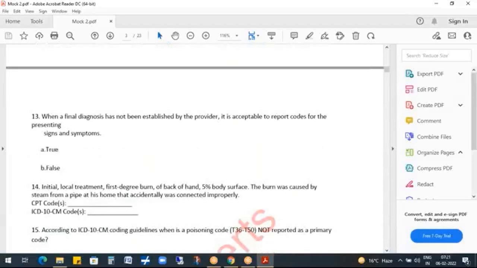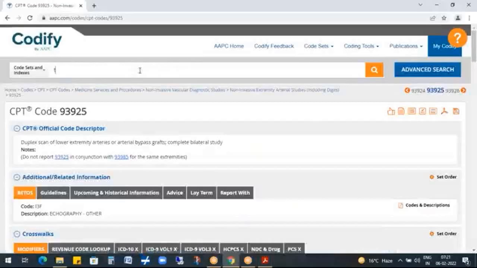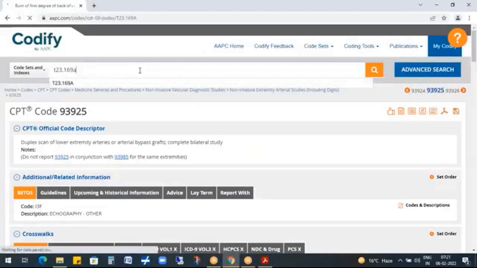Now the 14th one. Can you tell me what is the ICD code? First degree burn of back of hand. T23.169. T23.169A, let me check.